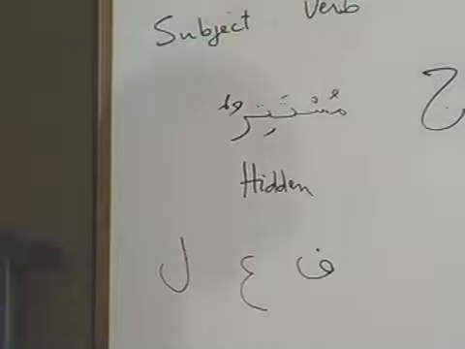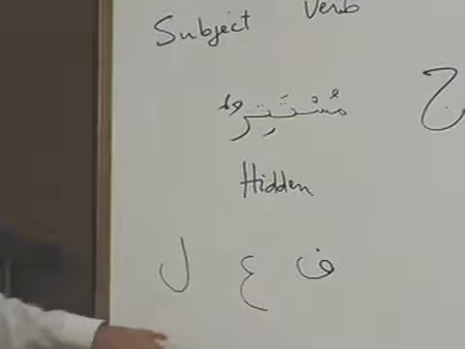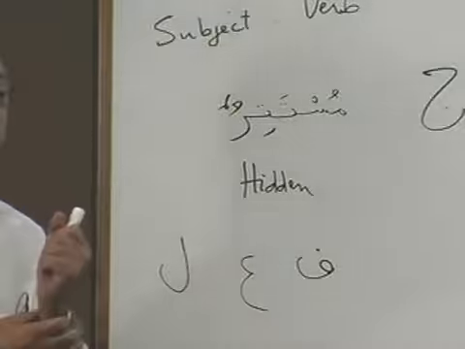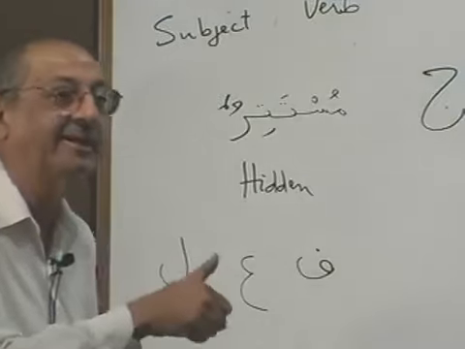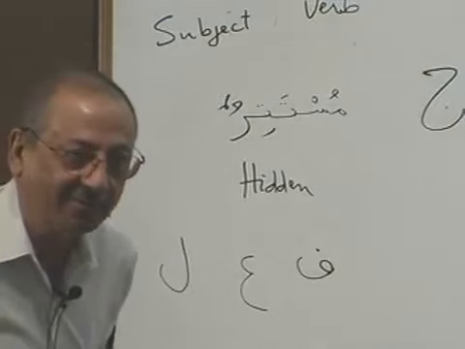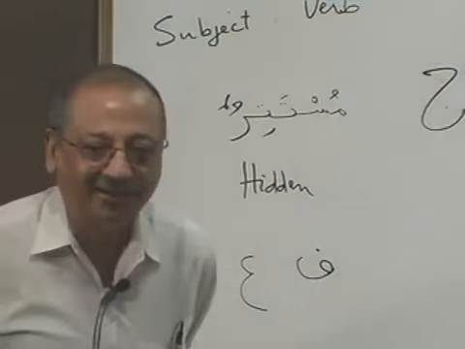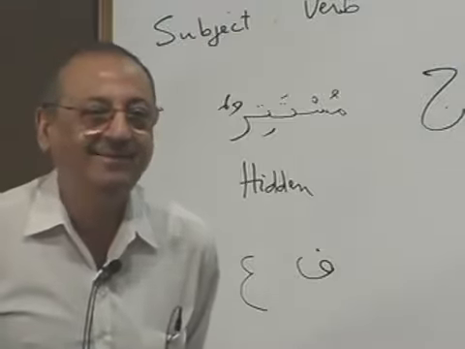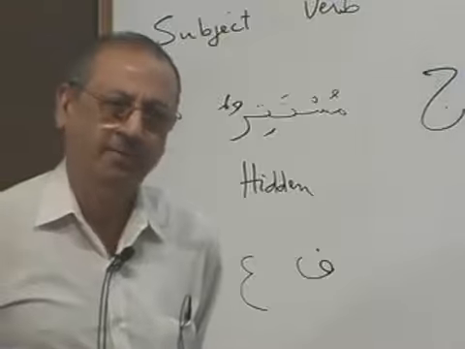Are you with me? If this is first radical, what is this? And what is this? Third radical. Always so. The root of the verb is either in three radicals, first, second, and third radical. Or if you go to Arabic, fa kalima, ain kalima, and lam kalima. Any verb that you take, brother. Any verb.